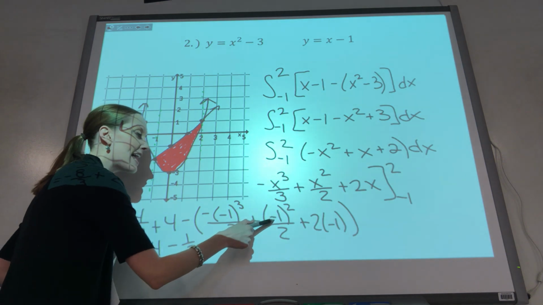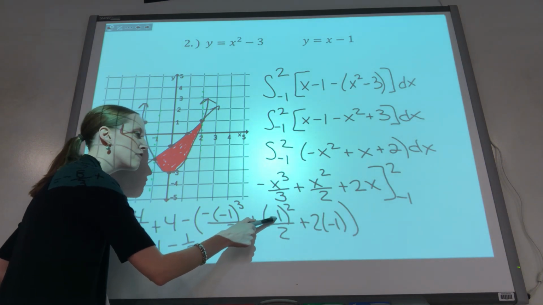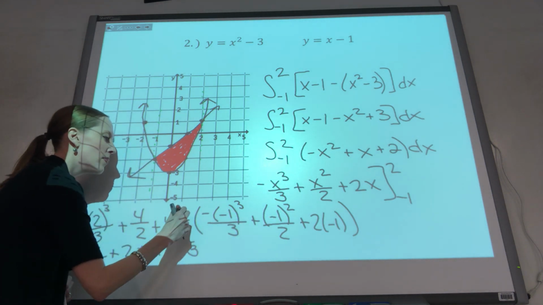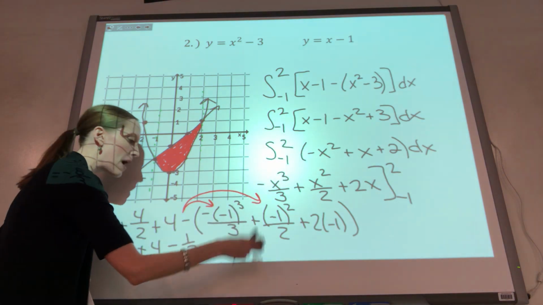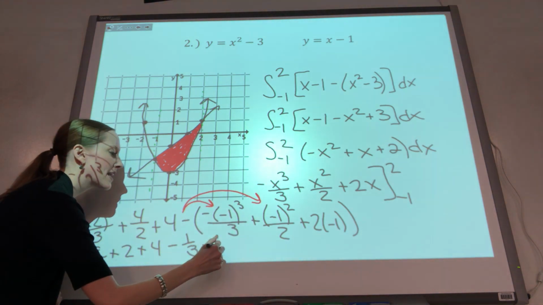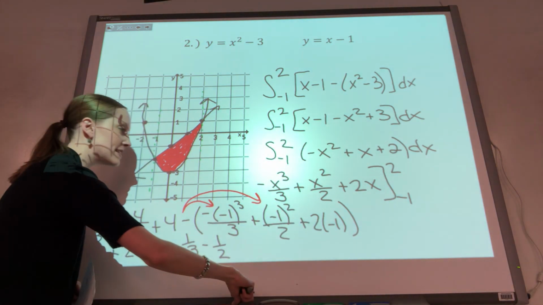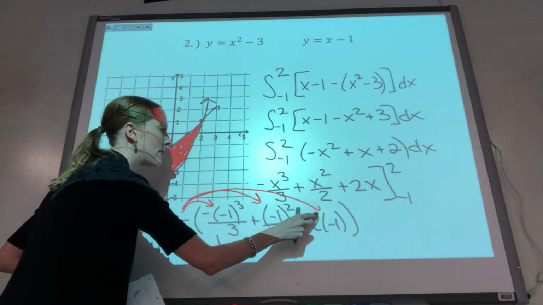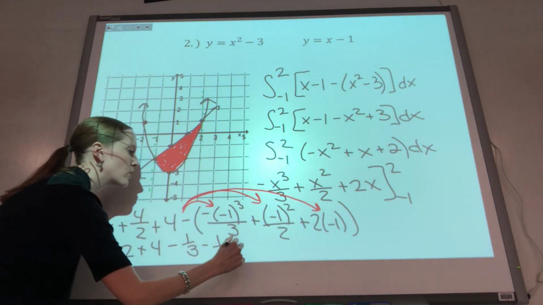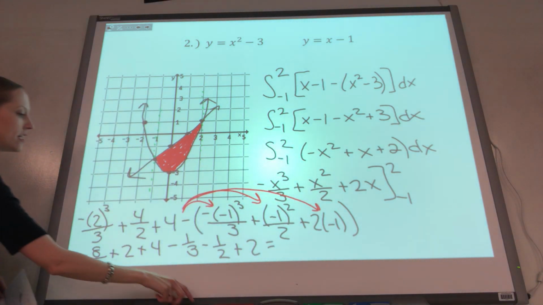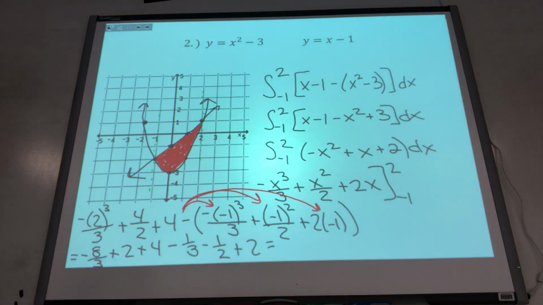Okay, square a negative 1, you get positive 1, but once the minus goes to that part, it turns back into minus 1/2. And this was a negative 2, but by the time I put that minus with it, it will turn into plus 2.